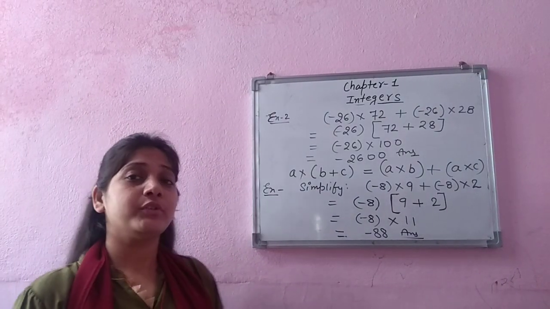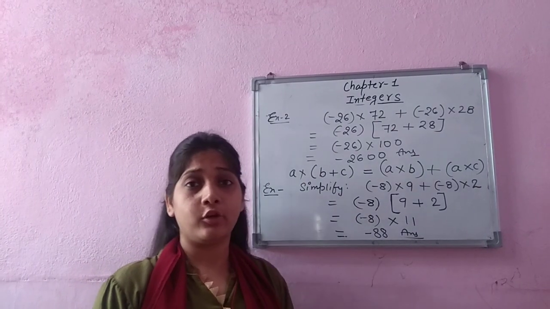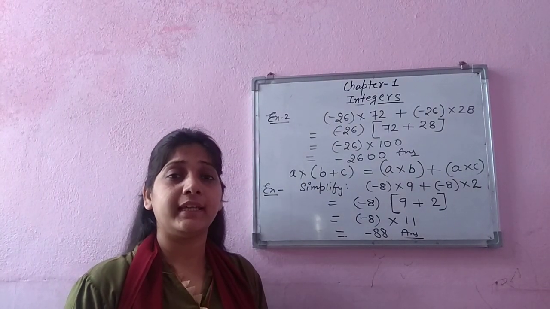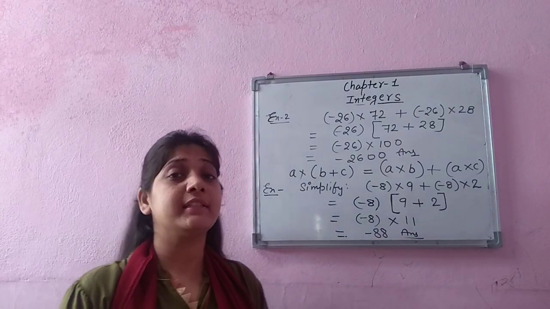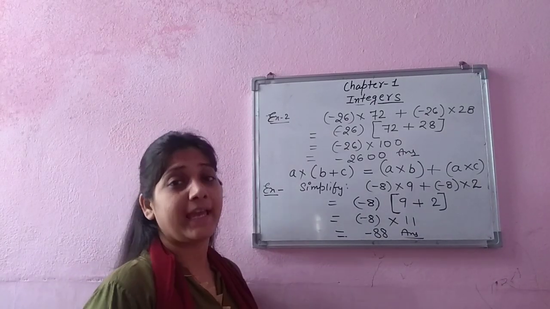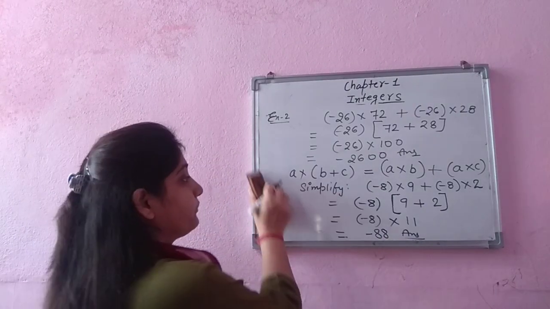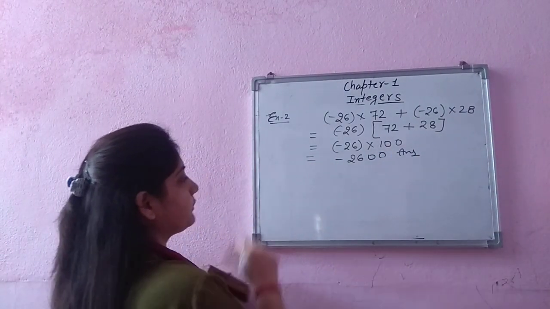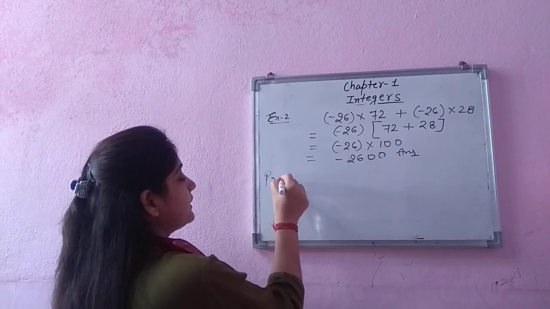Now here I want to tell you one small property along with this, that is property of 0. As we all know, any integer multiplied with 0, we always get the answer 0. So let's go through this. The simple name for this property is property of 0.